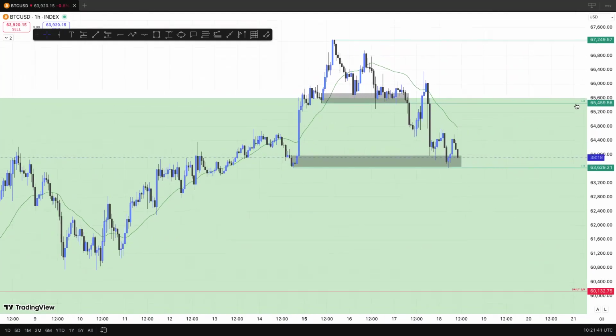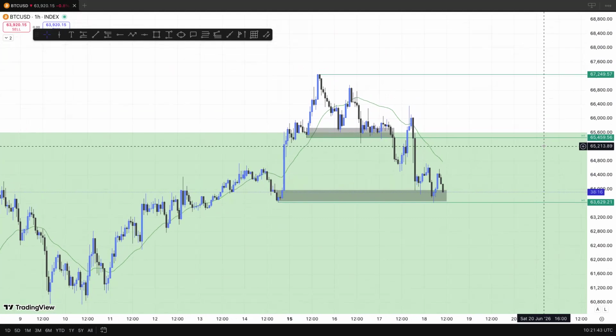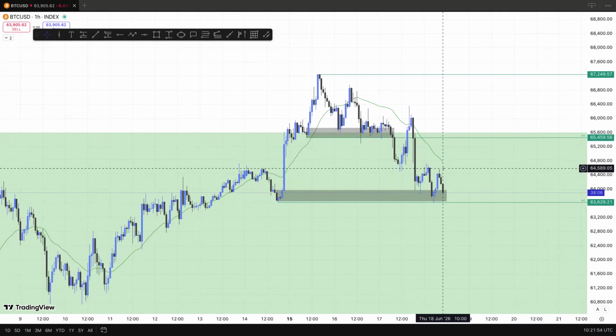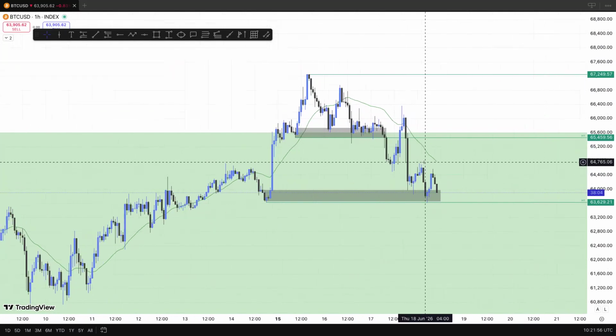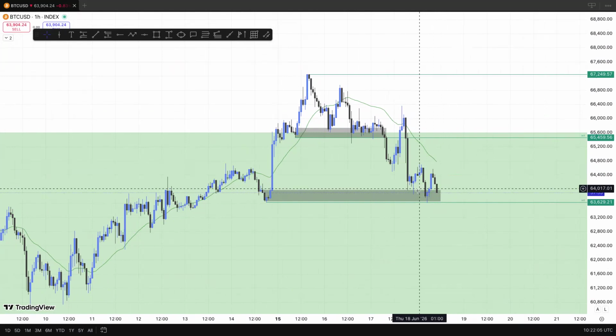So we don't just enter trades because price is in an area of interest. Once price is in an area of interest, we need to get our confirmations before we take the entries. So BTC USD is currently bearish into a buy side liquidity, and we are to expect some buys from this demand.